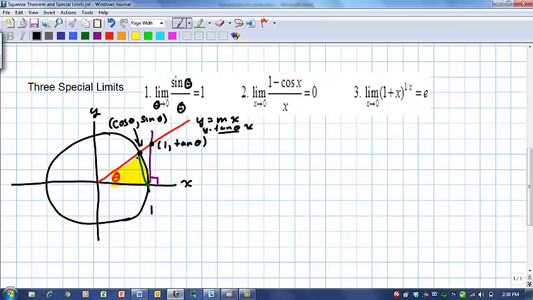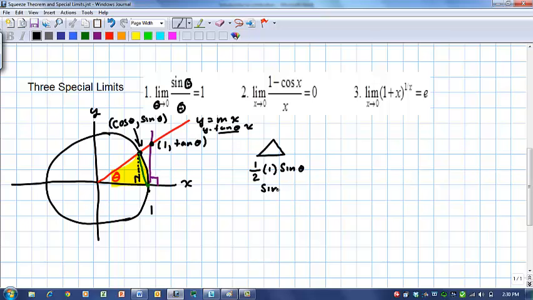Okay, so now if we look at the area of the first triangle here, I'll just draw a little picture of it here. The height of this triangle is just the y-coordinate of this point, which is the sine of theta. So remember, area of a triangle is 1/2 the base, which is 1, times the height, which is the sine of theta.